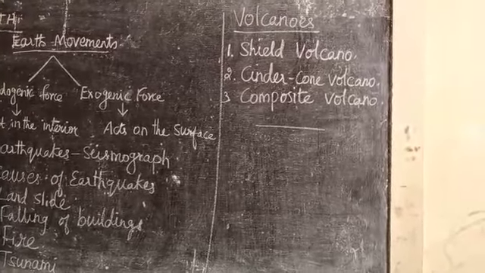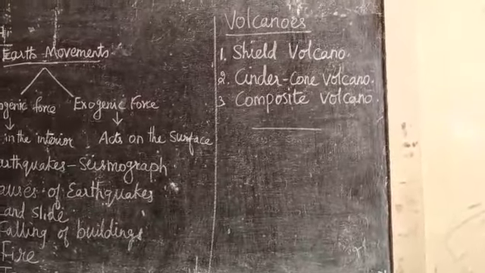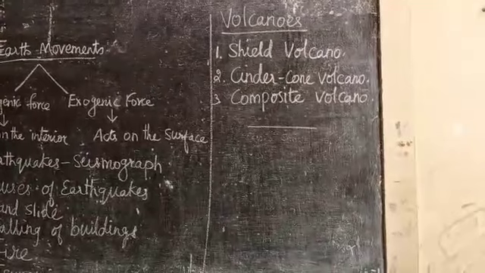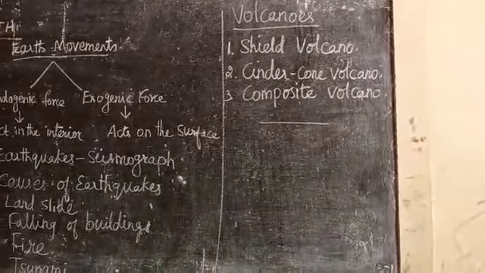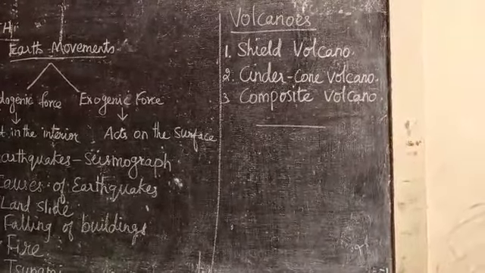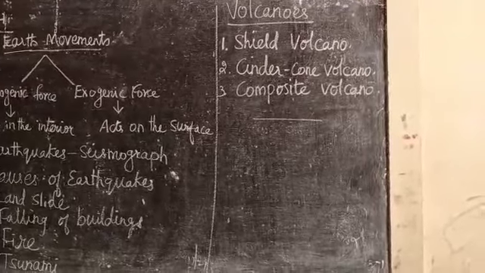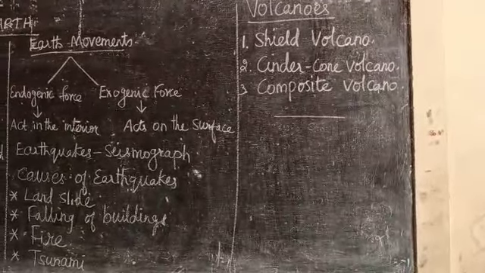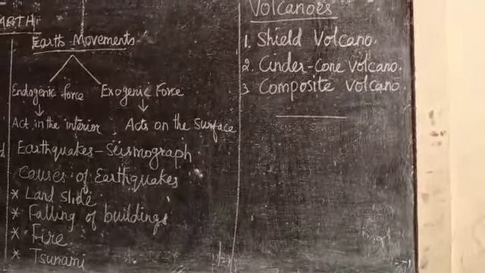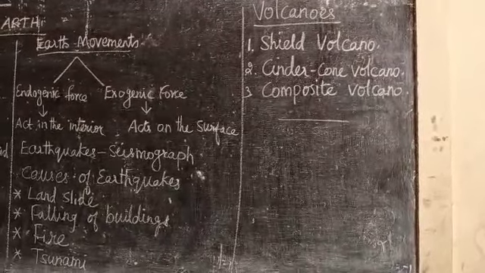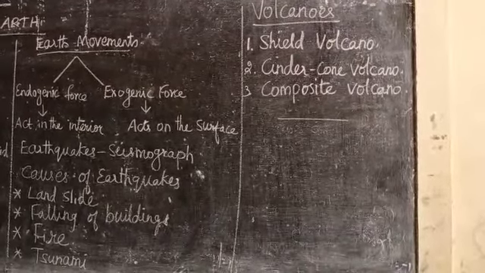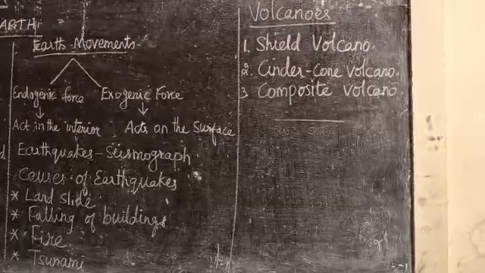Next, coming to volcanoes. A volcano is a vent or an opening in the earth's crust through which hot magma erupts. This magma is called lava. We have three types of volcanoes. First, shield volcano. The second one is cinder cone volcano.